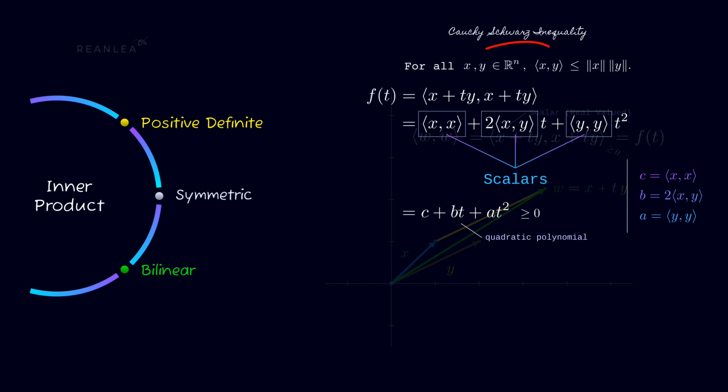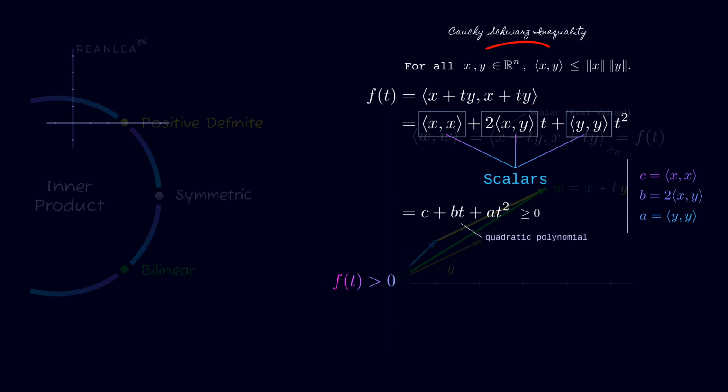Now by the fundamental theorem of algebra, a polynomial of degree 2 can have at most 2 roots. But when f(t) is greater than 0, obviously there will be no such root of f, and that implies f(t) is not equal to 0 for all t.